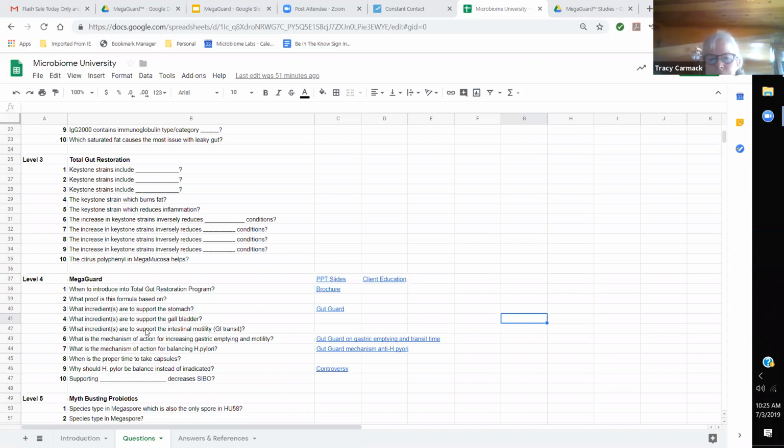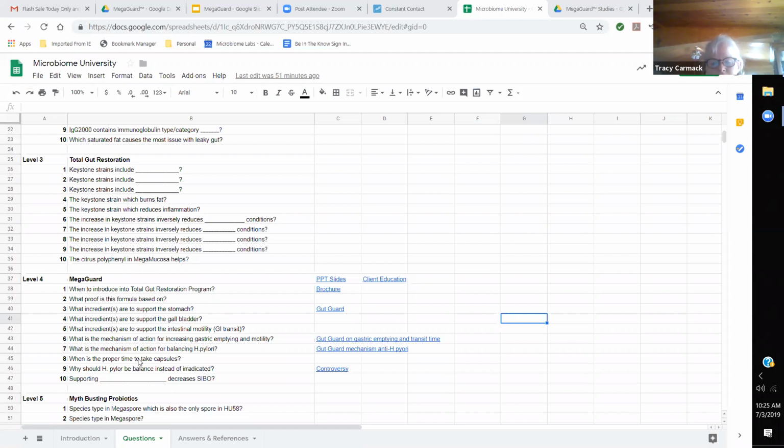That's primarily the Artichoke. Which ingredient supports the intestinal motility? That's primarily the Ginger. What is the mechanism of action for increasing gastric emptying and motility? That's the change of the pH. What is the mechanism of action for balancing H. pylori? That is the reduction of protein synthesis of the organism.